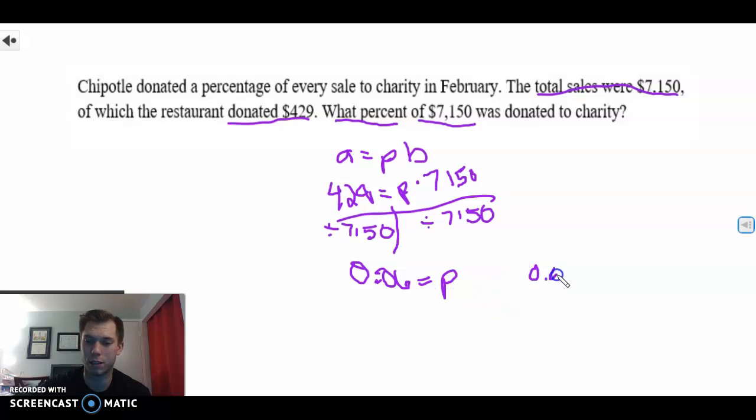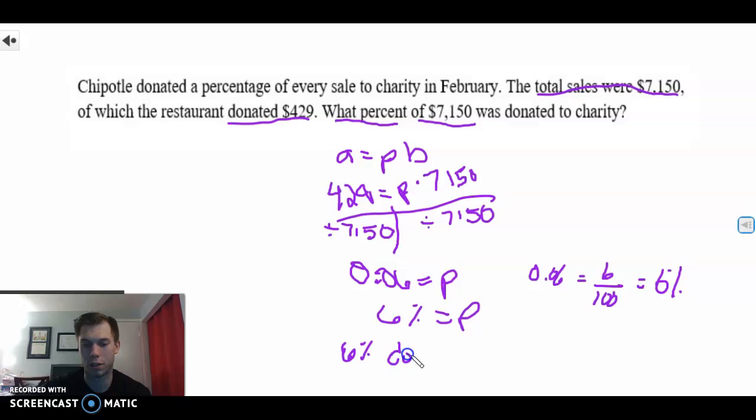So we're going to take 6 hundredths, write it as a fraction first, which in this case is 6 over 100, which is 6%. So we know that 6% is P, which then we can report from this problem. So what percent was donated to charity? 6% donated to charity.